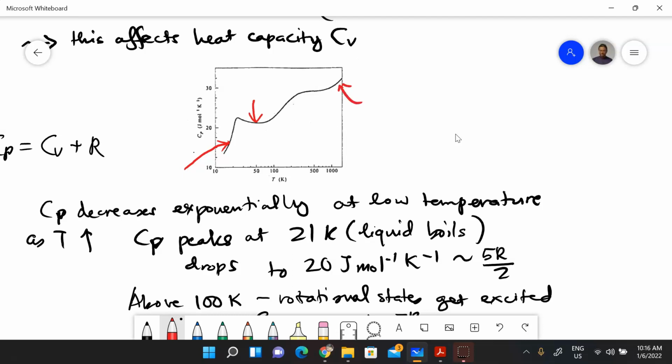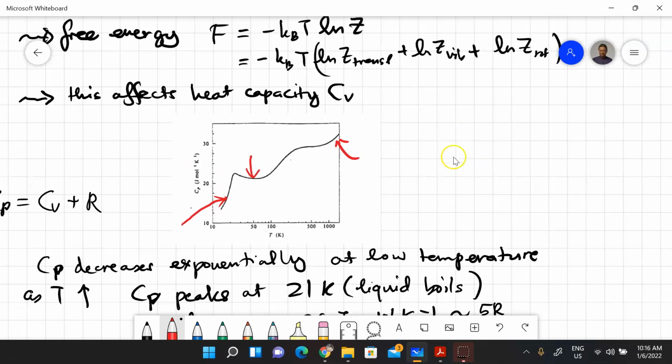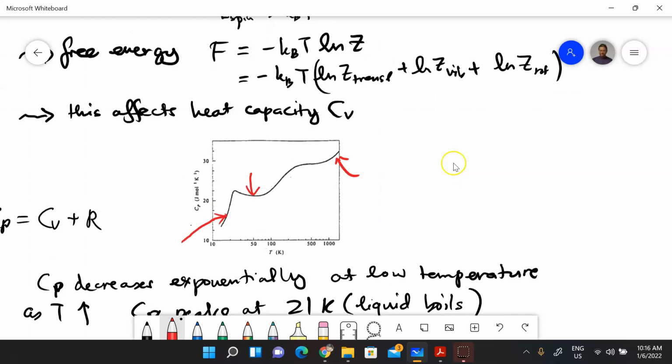In other words, how this comes about is from your free energy. One can derive your entropy, and from your entropy, one can derive your heat capacity. But one has to remember what the temperature is here.